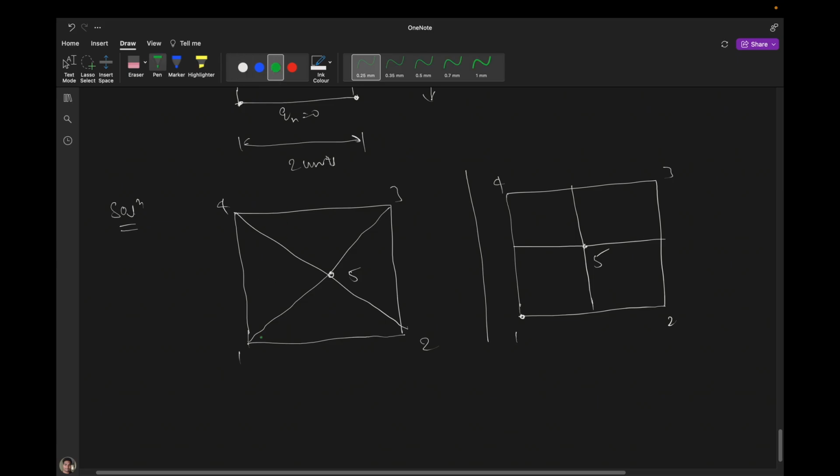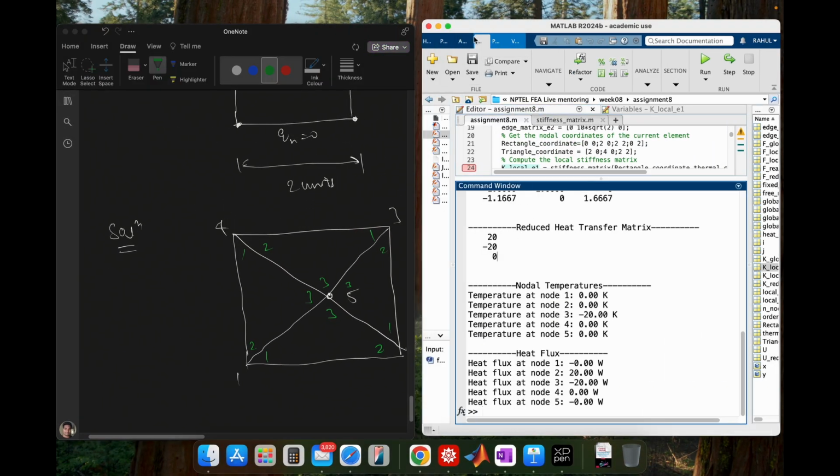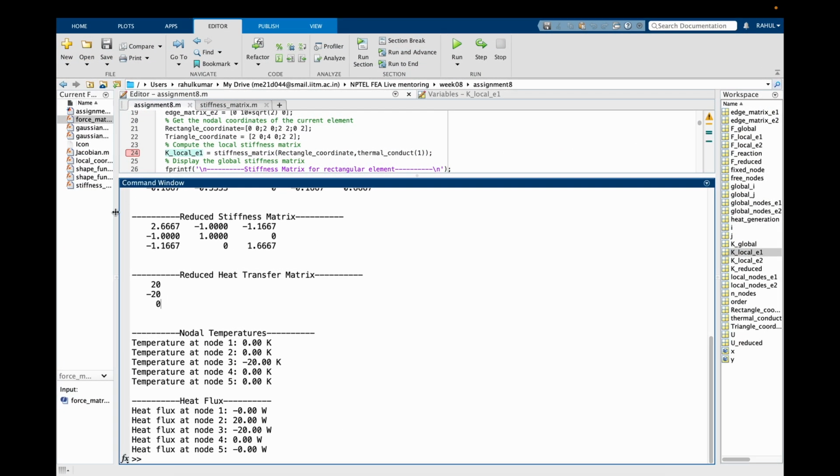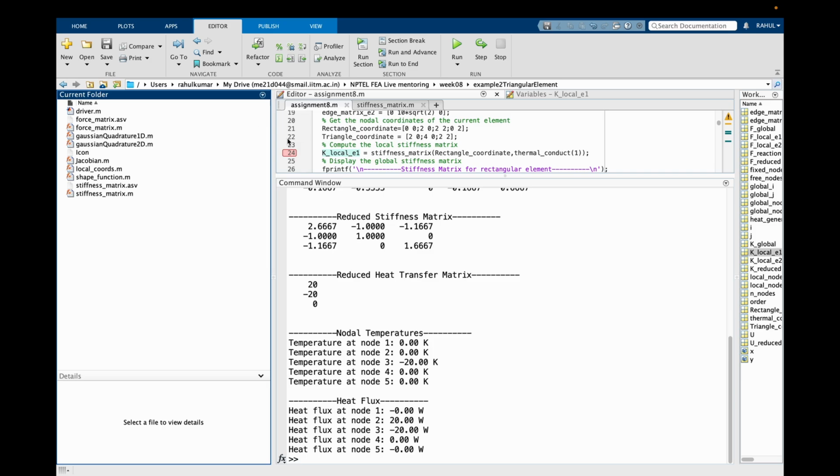The local nodes are 1, 2, 3 for each triangle, and 1, 2, 3, 4 for each rectangular element. So let's solve this problem with the triangular element method.